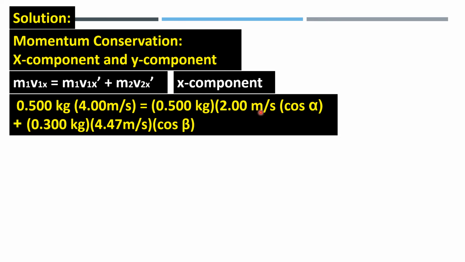But since we're talking about the x component of the velocity, we want v1x prime here. If you refer back to the figure, the x component of the velocity is just equal to the product of 2 meters per second and the cosine of the angle alpha.